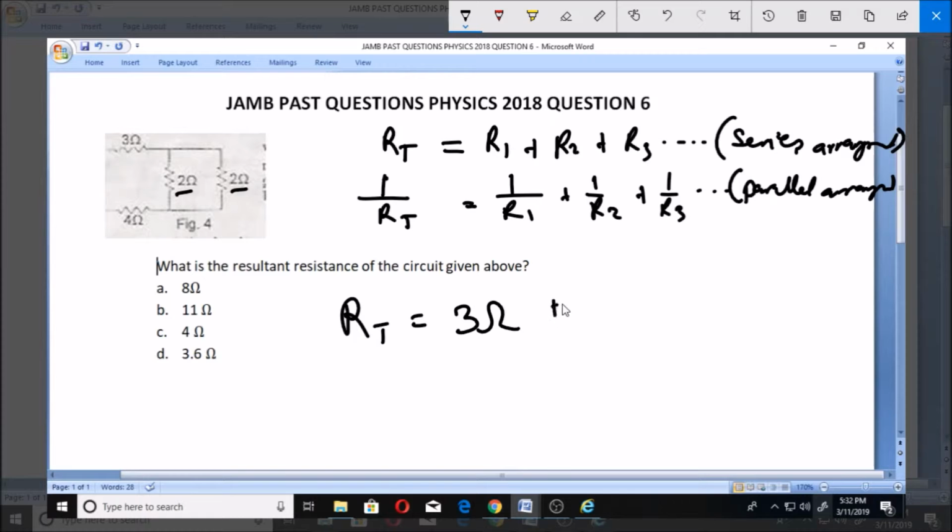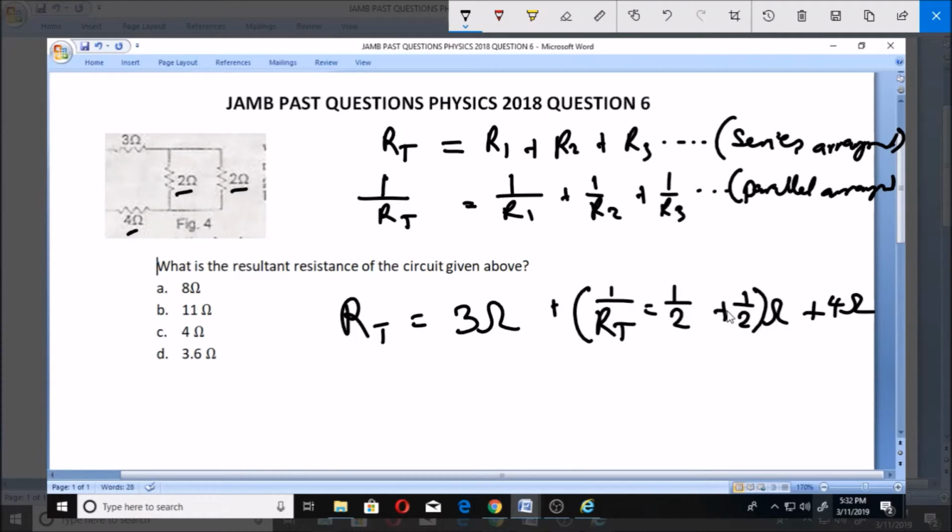So you can add the 2 of them together by saying that they are 1 over RT, they are in parallel, and they can be added by saying 1 over 2 plus 1 over 2. Then plus this one, which is also in series with the total arrangement. So we have what? 4 ohm. So that's what we're going to have.